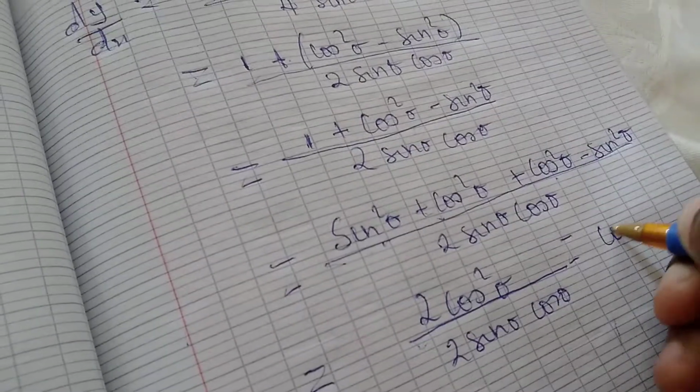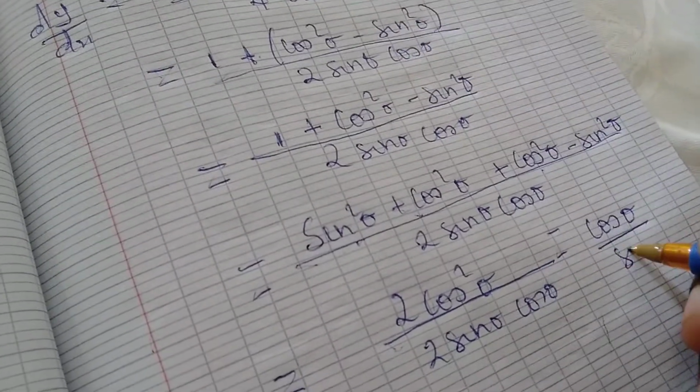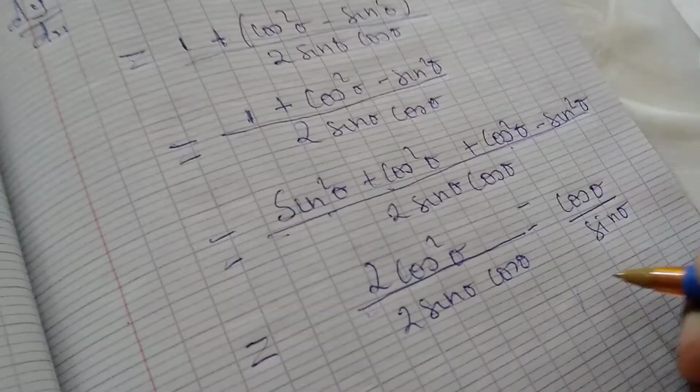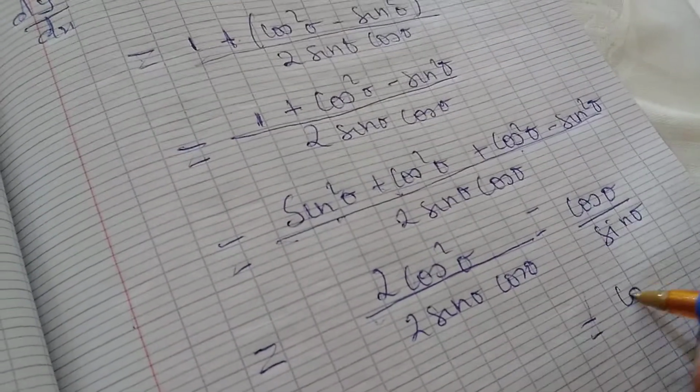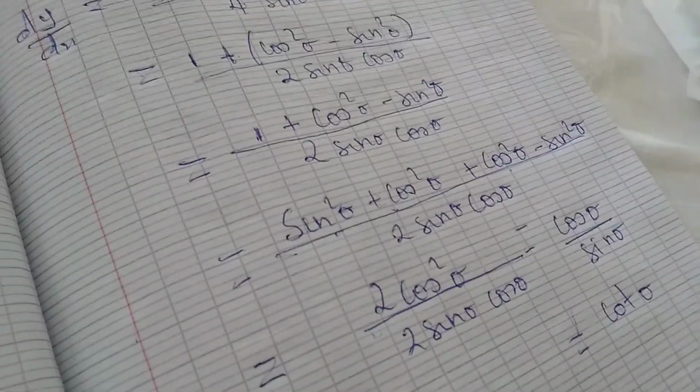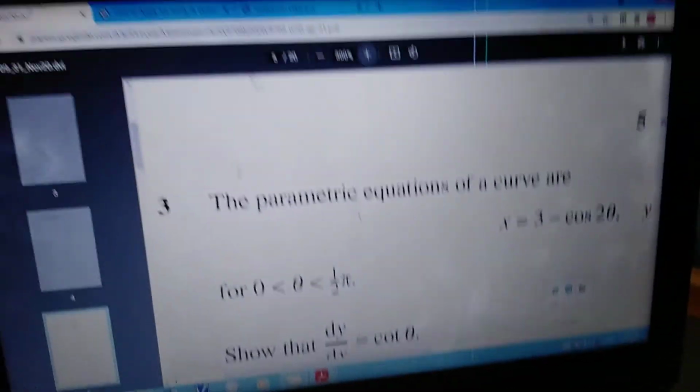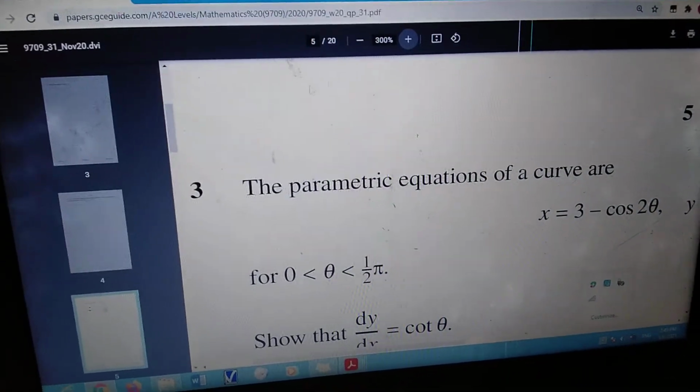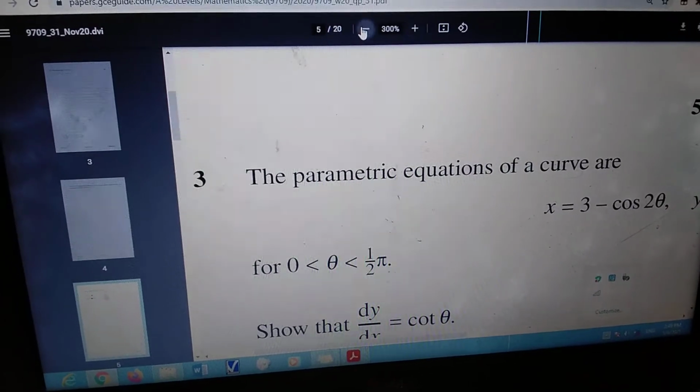So I'll have 1 cos on top and sine theta, and then I'm having cot theta. So this is basically what you were supposed to do. I know it's long, right? But it's 5 marks, so it makes sense for it to be that long.